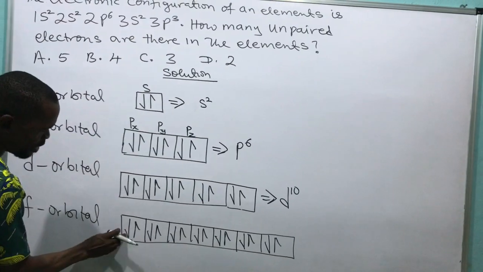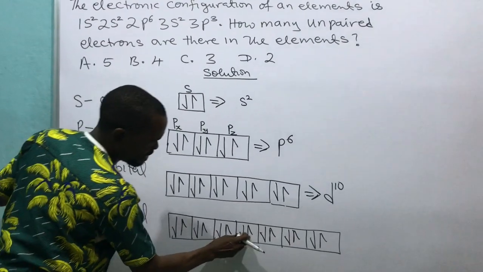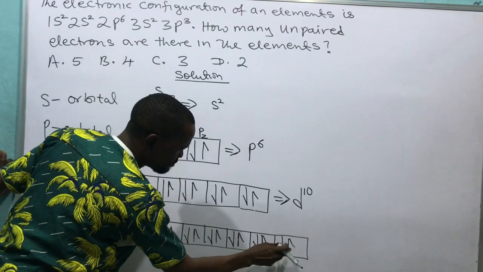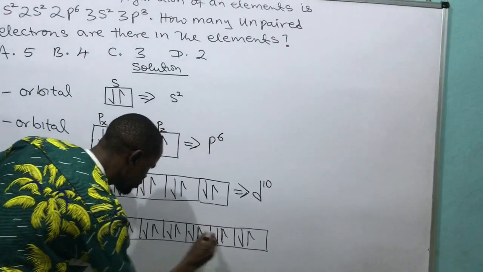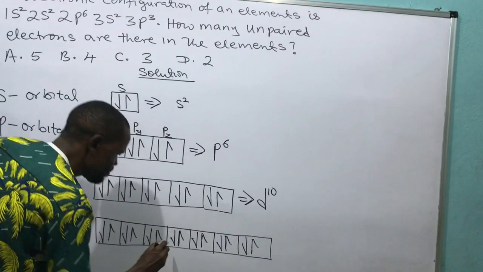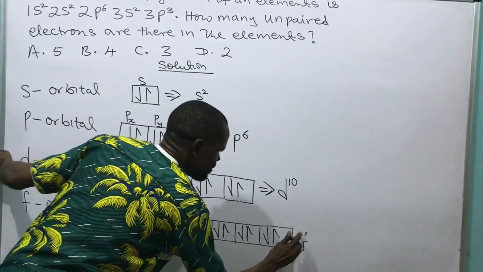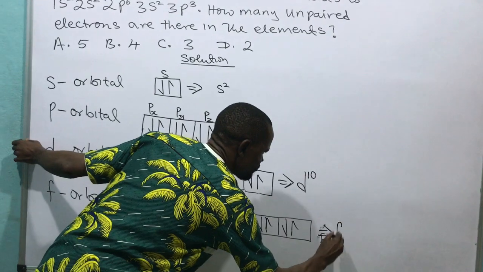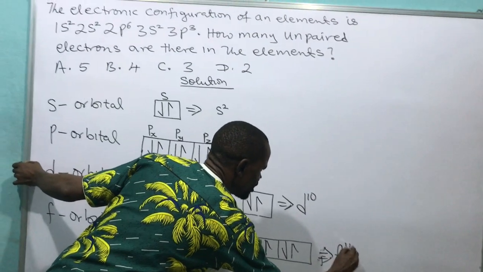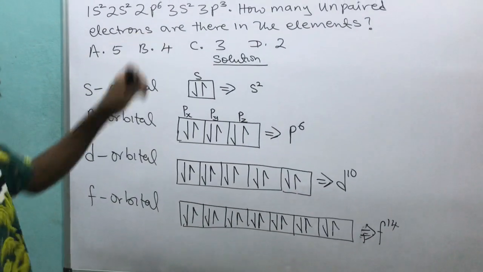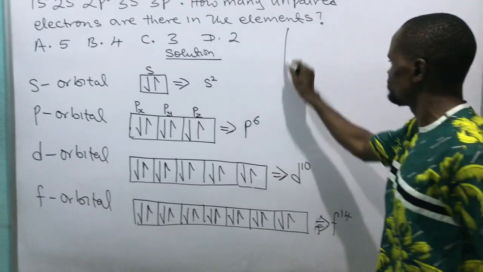Check it: 1, 2, 3, 4, 5, 6, 7, 8, 9, 10, 11, 12, 13, 14. That means my F orbital takes 14 electrons.